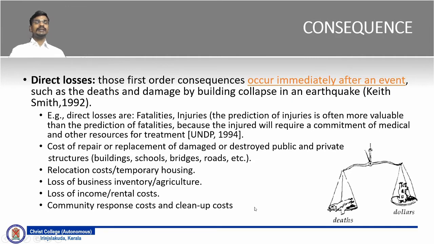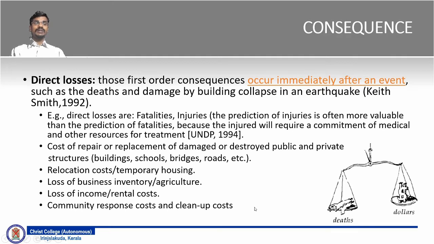Now let's consider the direct losses. These are first order consequences that occur immediately after an event, such as the death and damage of buildings in an earthquake, etc. So the direct losses are fatalities, injuries, etc. The cost of repair or replacement of damaged or destroyed public and private structures like buildings, schools, bridges, roads, etc. are also considered under the direct losses.